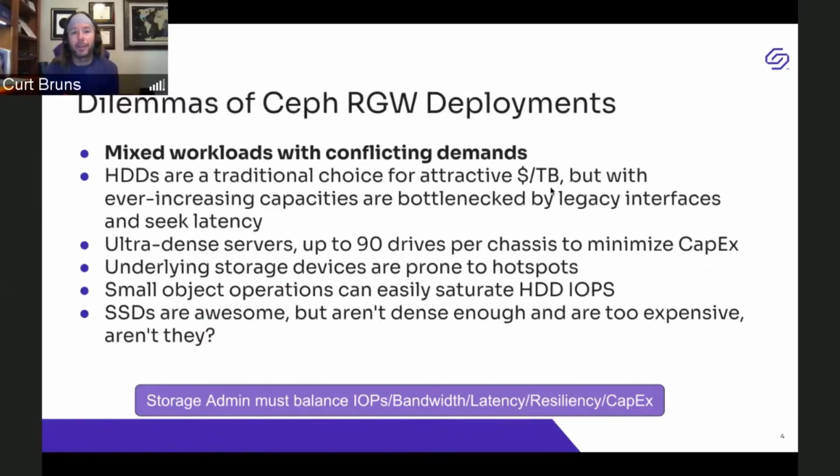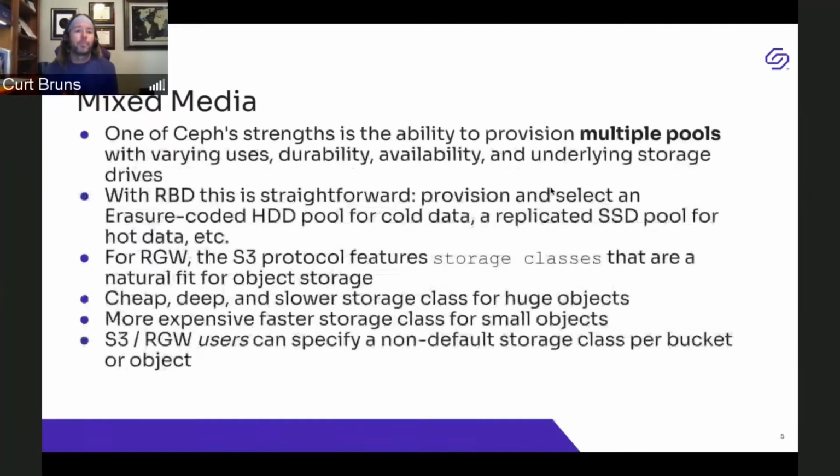SSDs are great, but sometimes they've been prohibitive in cost. I think they're getting much better now, but how to use them efficiently is important. And so if you're balancing these IOPS, you're balancing bandwidth, one way to do it is to do multiple pools, right?